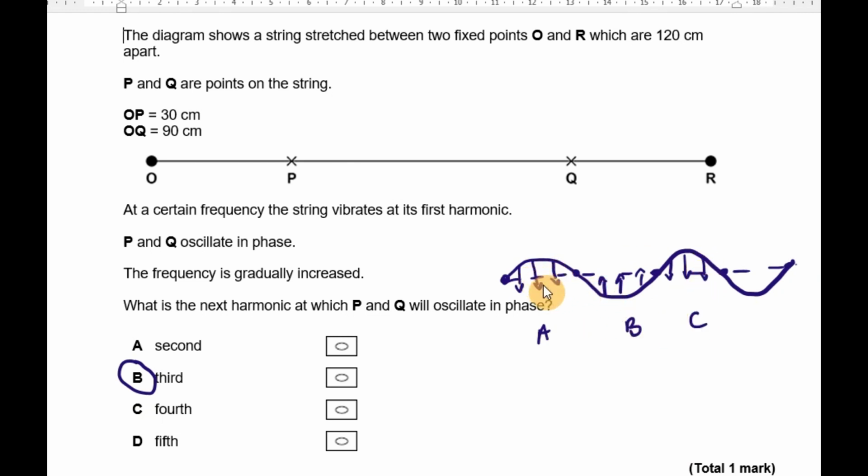If they're separated by an odd number of nodes, in this case one, they will oscillate at 180 degrees out of phase with each other.